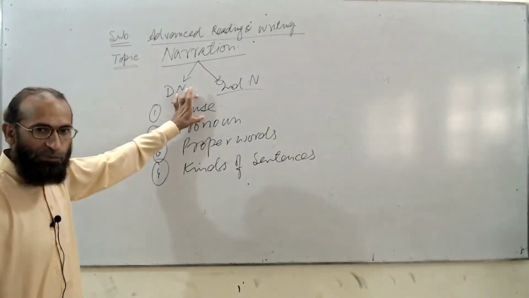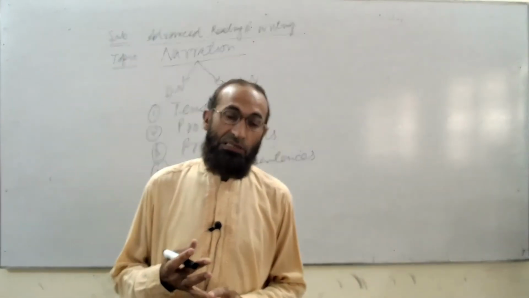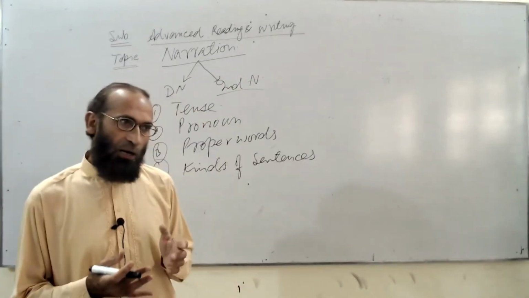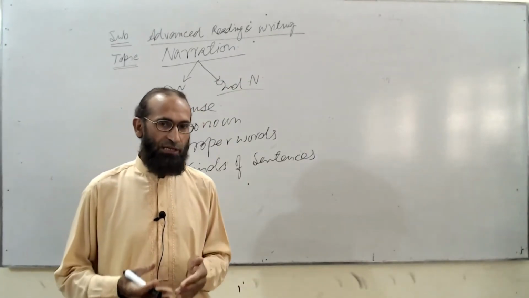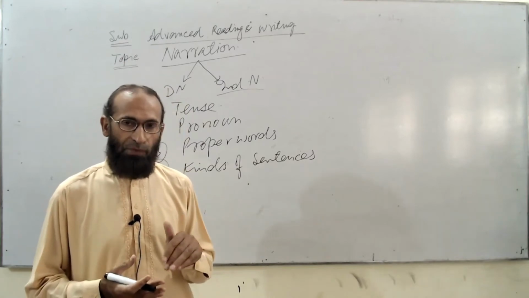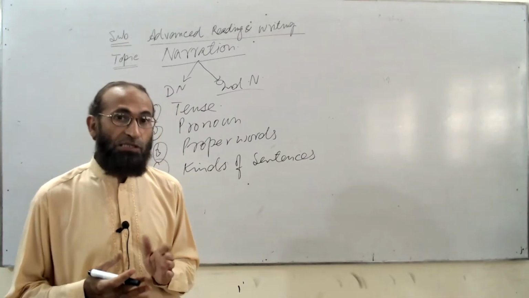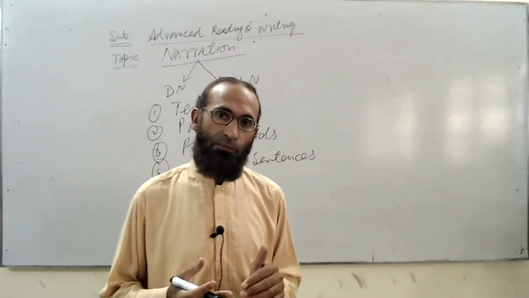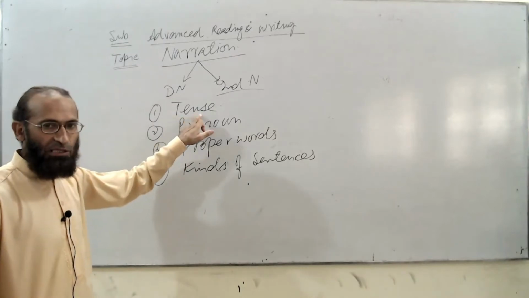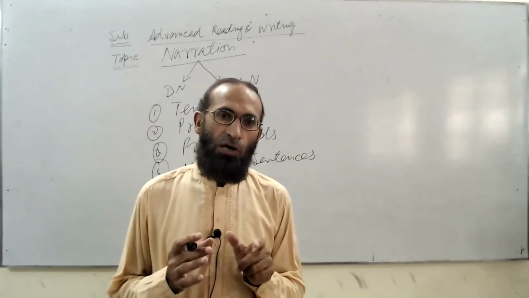As far as past tense is concerned, past indefinite is changed into past perfect, and past continuous is changed into past perfect continuous. And the rest two, past perfect and past perfect continuous, are not changed. They remain the same.